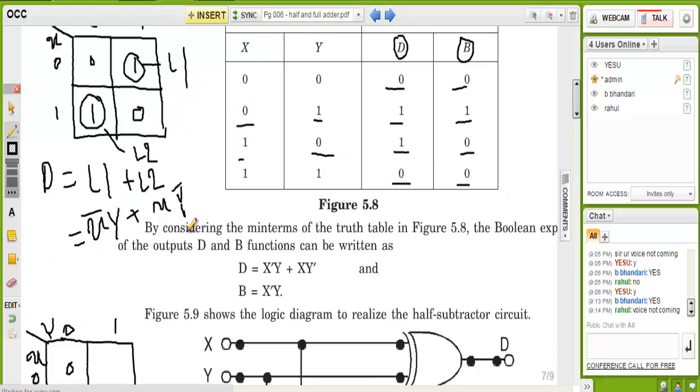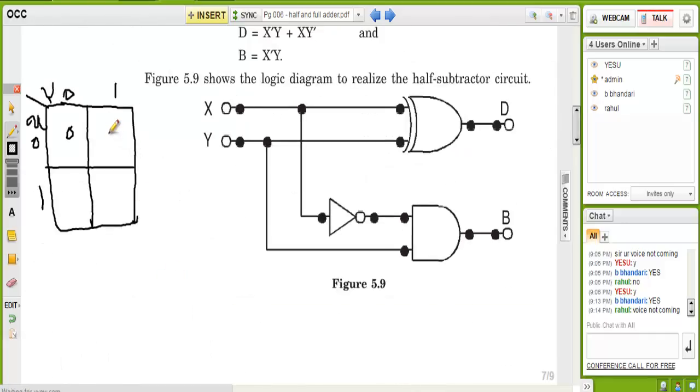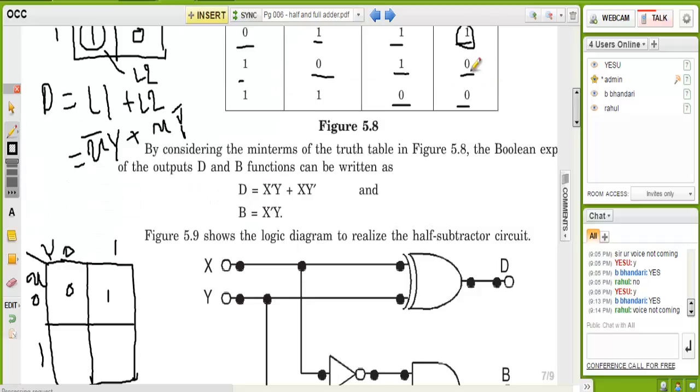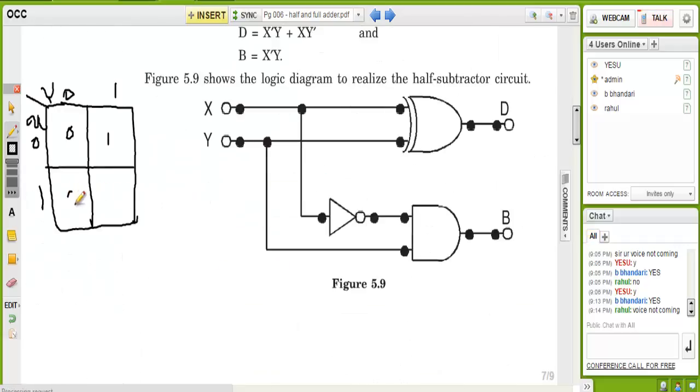And for x 0, y 1, there is a 1. So that place it will be 1, and the rest of all places it will be 0. So your borrow B will be what? x bar y. Am I right?